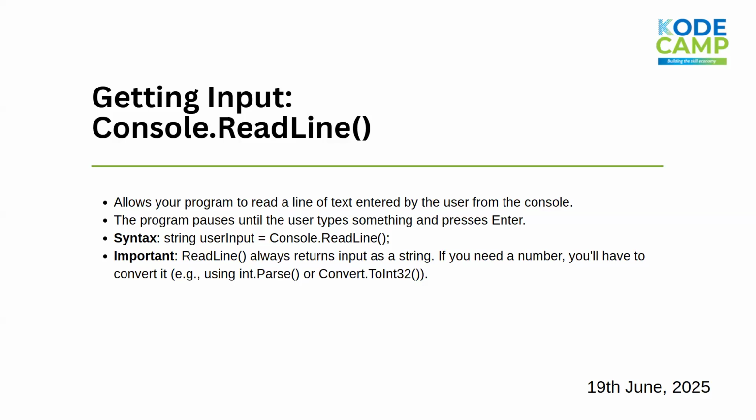Yeah. So we have been familiar with writing to the console, right, using Console.WriteLine and all. But now, how do we get information from the user? All we have been doing before now is sending information to the user to see with their eyes, by seeing whatever is displayed on the console.